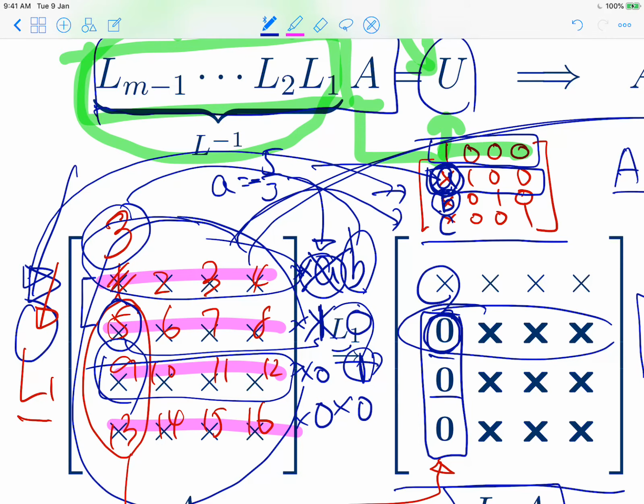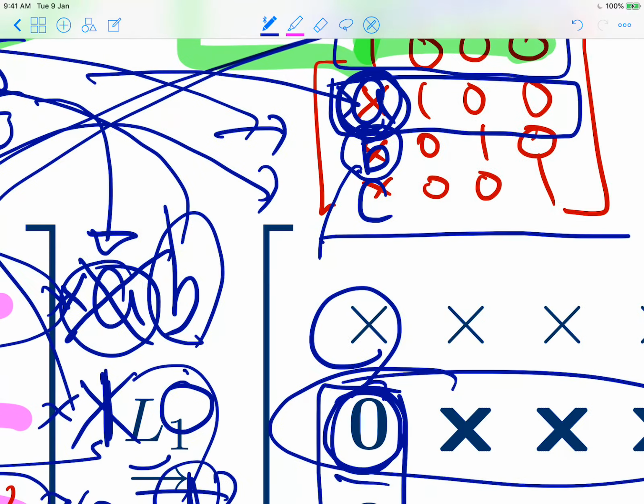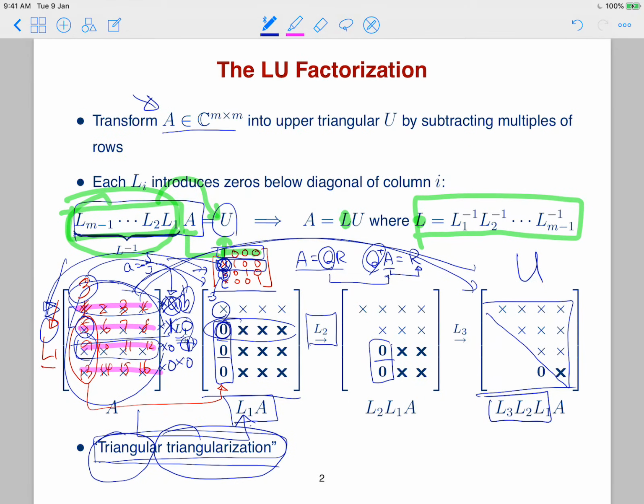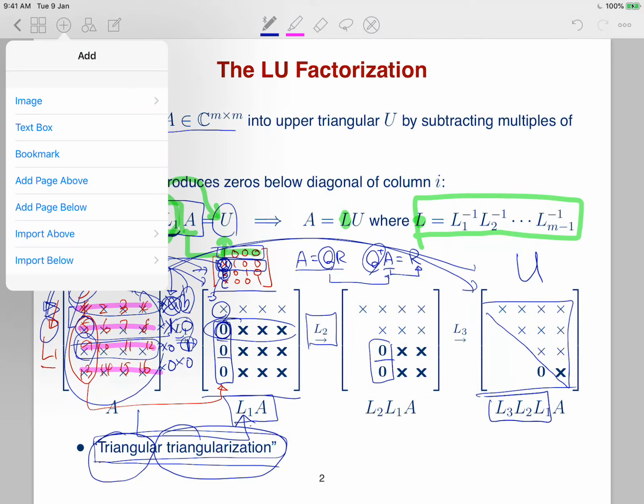And so this B is negative 3, right? So this is how we obtain this first step of a lower triangular matrix L1.